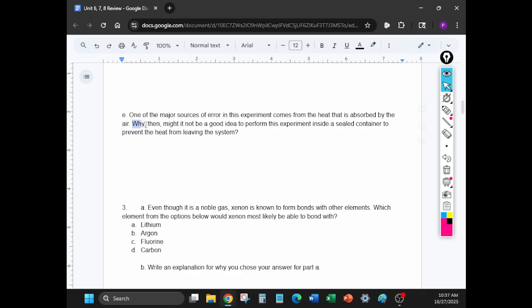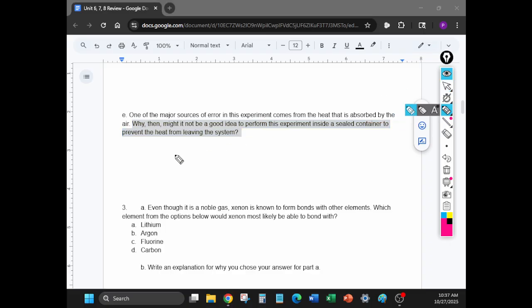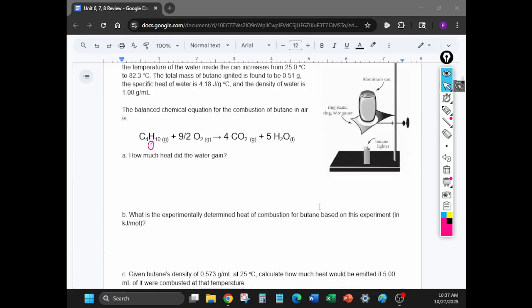But then the question asks, then why is it not a good idea to perform this in a sealed container to prevent energy from leaving? Okay, so I'll just give you the answer just to make good use of our time. The first thing is when you are running the reaction, the other reactant is oxygen, right? And so if we have a sealed container, what's going to happen is we're first going to use up all of the oxygen.